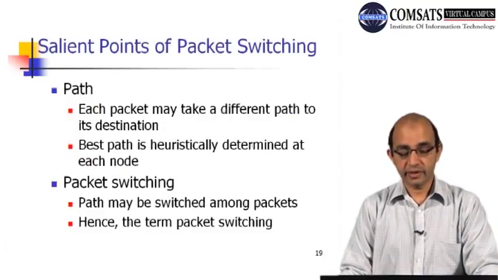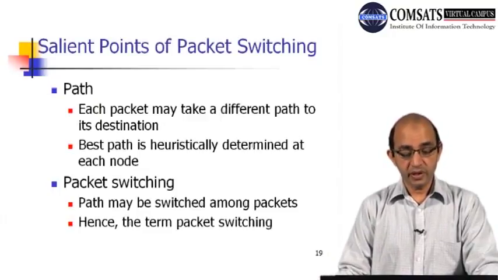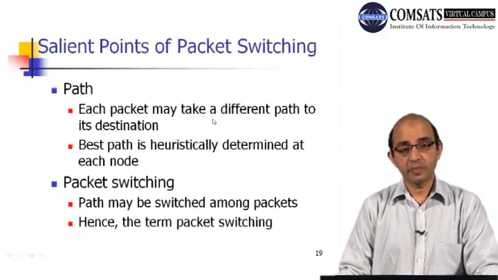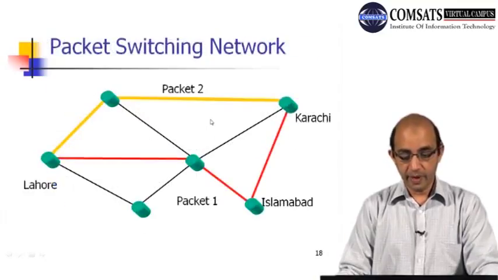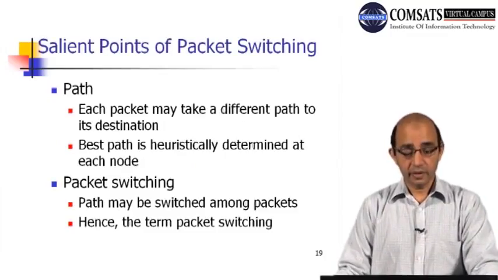So these are some of the features of packet switching. First, each packet may take a different path. If I go back, you can see that all the packets have their destination at Karachi, and each packet has a different path. It may take, so this is not a compulsory condition.